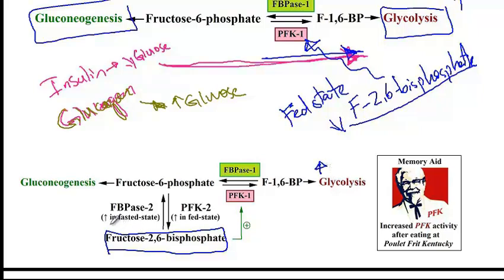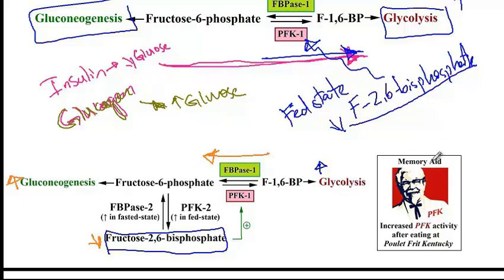On the other hand, in the fasted state or starvation state, there is increased activity of fructose 2,6-bisphosphatase, which breaks down fructose 2,6-bisphosphate into fructose 6-phosphate. And so since the concentration of this molecule has now decreased, therefore the reaction will be pushed to the left side in order to increase gluconeogenesis and glucose production.